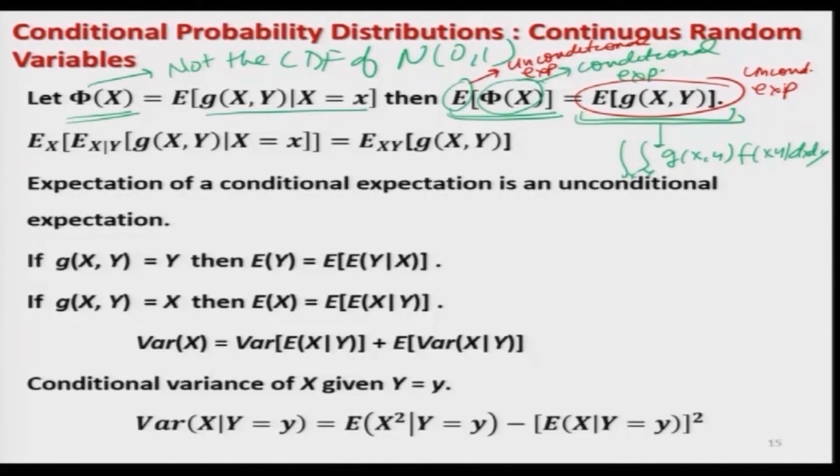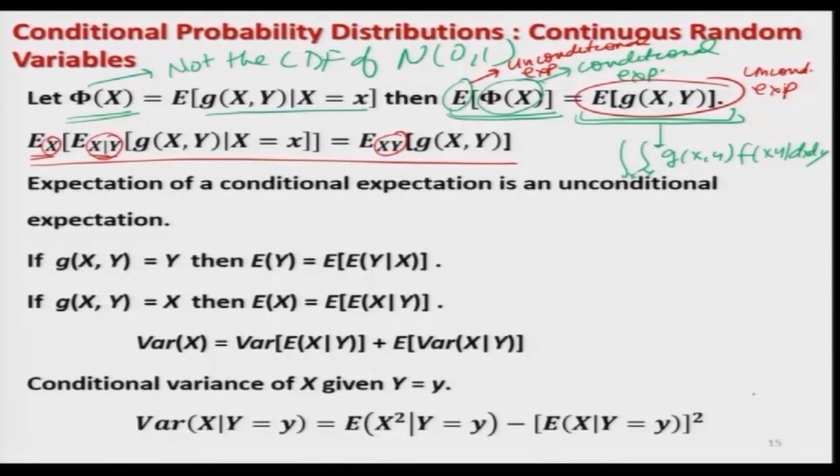And this is also indicated here like this, what I have shown you here, that this is the expected value with respect to the random variable X, and this is the expectation with respect to the conditional random variable X given Y equal to y, and this is E_XY, the expectation with respect to X and Y, that is the joint PDF.